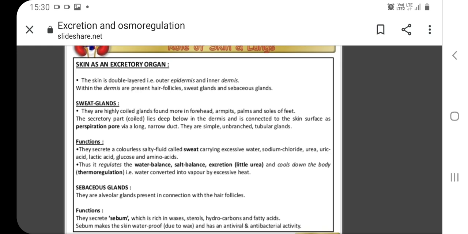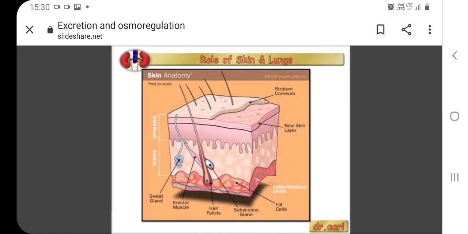The sebaceous glands present in the skin are alveolar glands present in connection with hair follicle. They secrete sebum which is rich in wax, sterol, hydrocarbon, and fatty acids. Sebum makes the skin waterproof and has an antiviral and antibacterial activity.